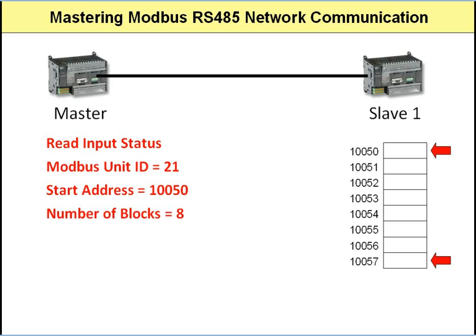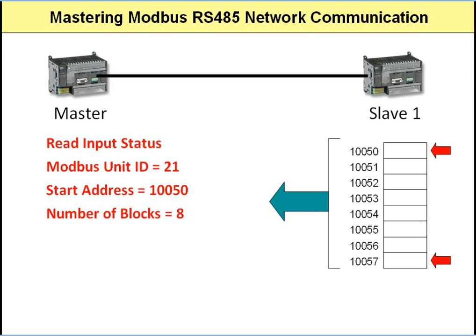Remember this, extremely important. When this request is sent, the slave would return data for memory addresses 10,050, 10,051, 10,052, 10,053, 54, 55, 56, and 57. It would actually send back 8 memory blocks worth of data.